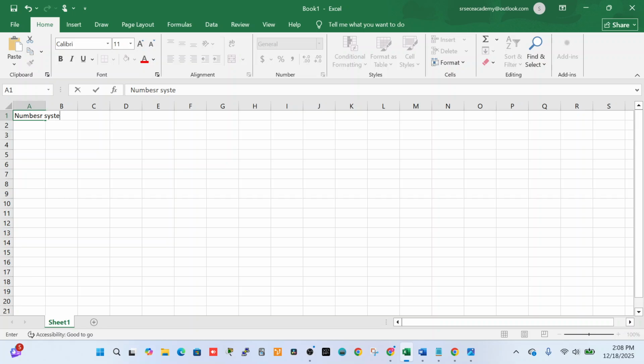I will give a handwritten digital image. Here take it as decimal, here octal, and here hexadecimal. Okay, you have to write it down, I will show you.